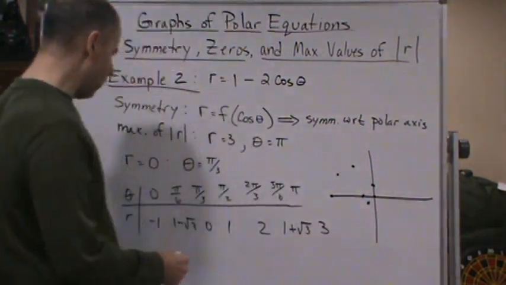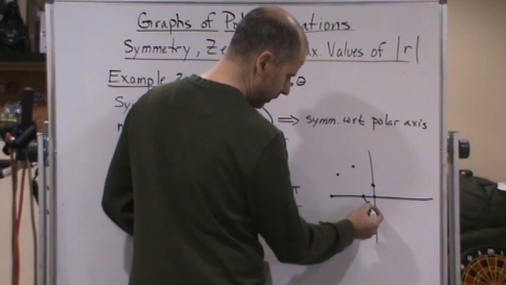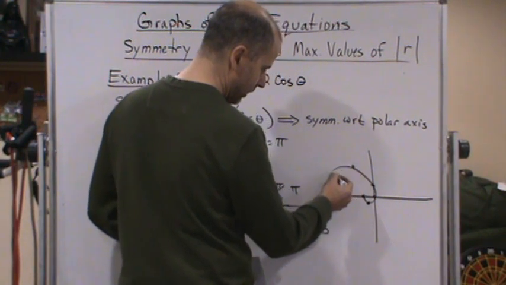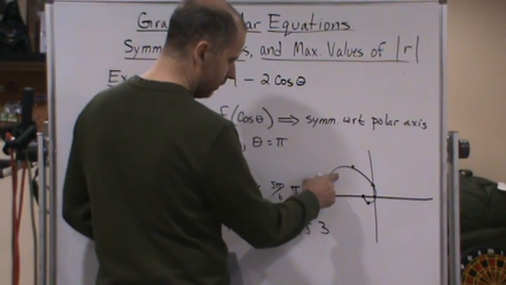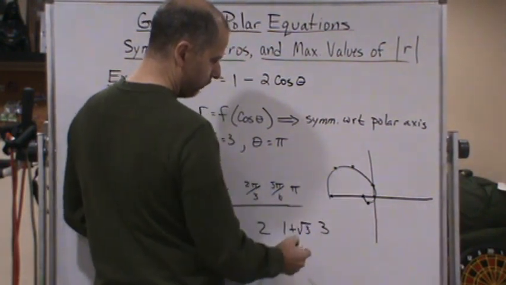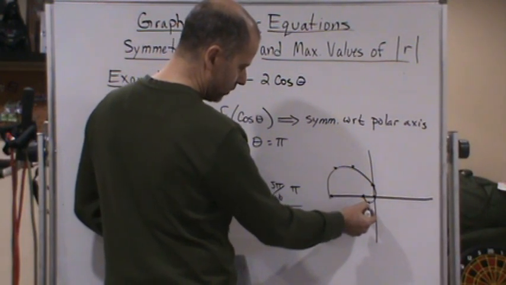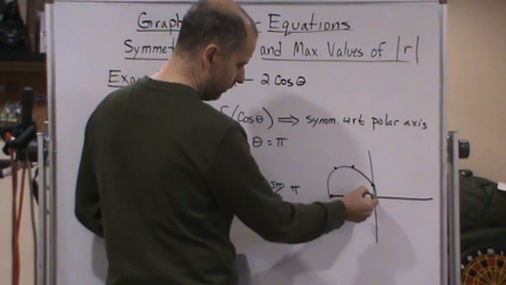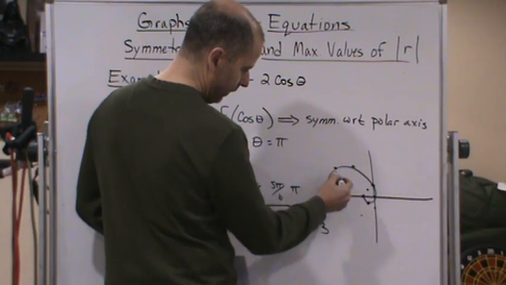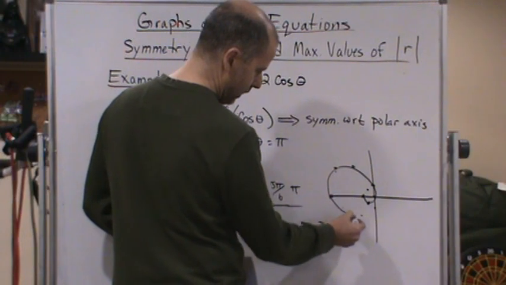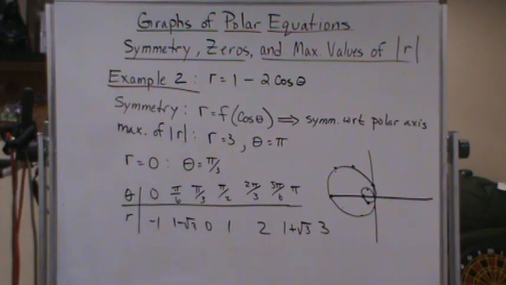So from 0 to pi, we went from here to here to here to here to here, like so. And then what do you think is going to happen? It's going to continue, right? So it's going to be symmetric, so we're going to put a point here, and a point here, and a point here, and a point here. So it's going to continue on like so. And we're going to get something that looks like that.